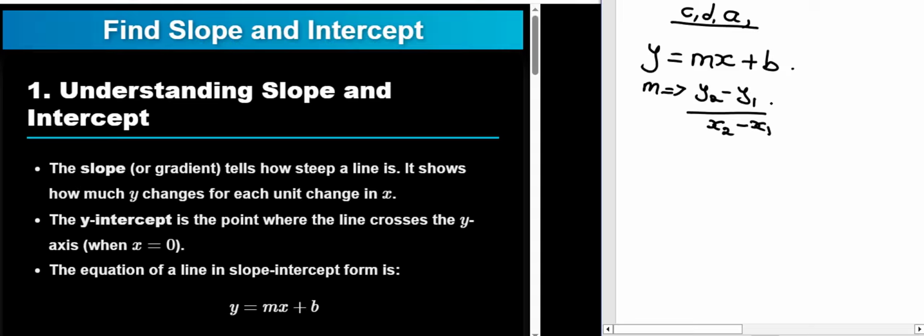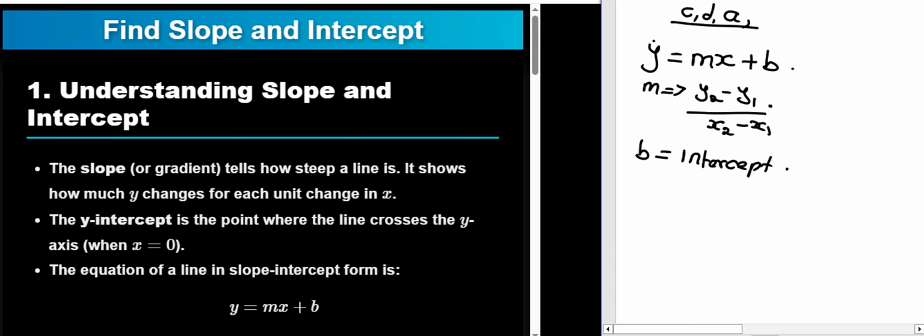You have been taught this concept there. Then, b represents the intercept of this line. I'll show you in a minute what intercept means.